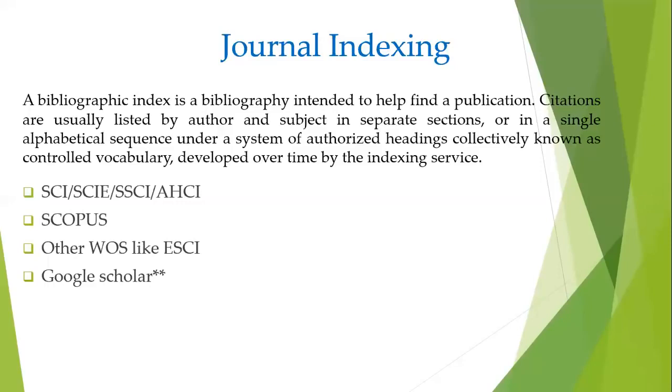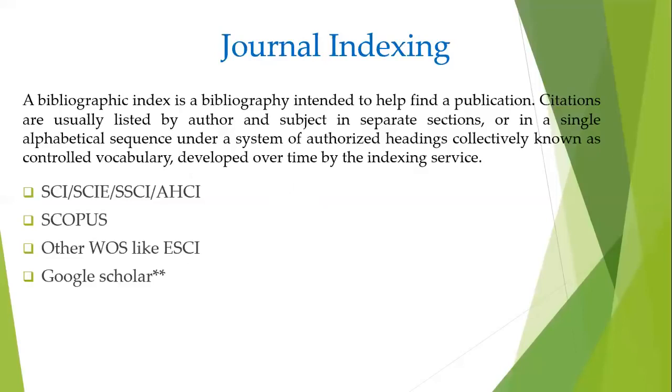But it gives a list of all the different kinds of furniture that the store possesses. Similarly, a bibliographical index is a database or a catalog of all the journals that are indexed in that particular database. So it helps the readers to find different kinds of journals and papers and publications among this database.